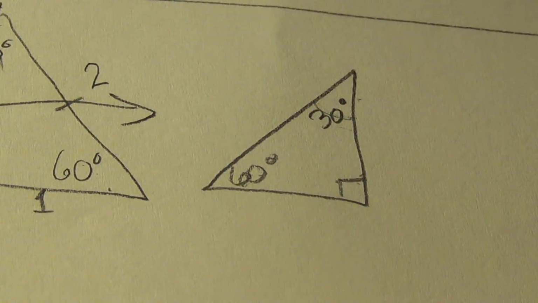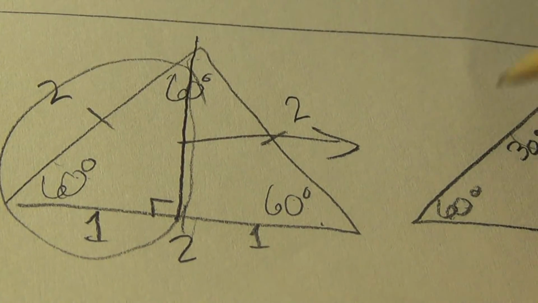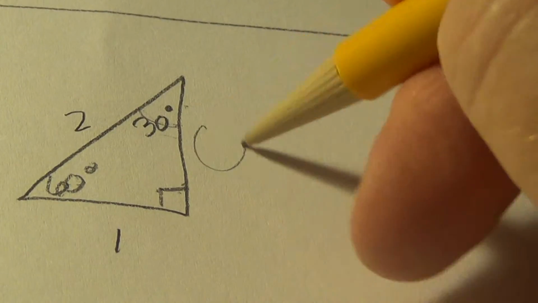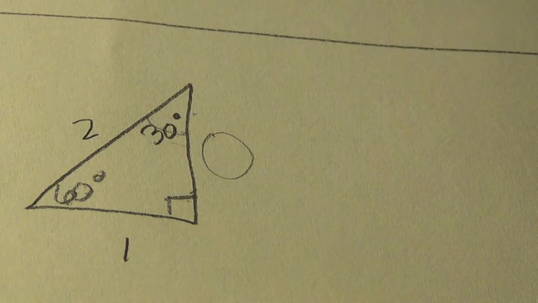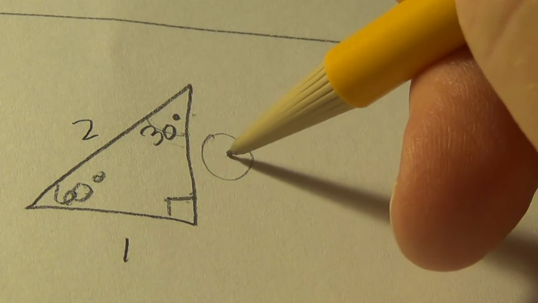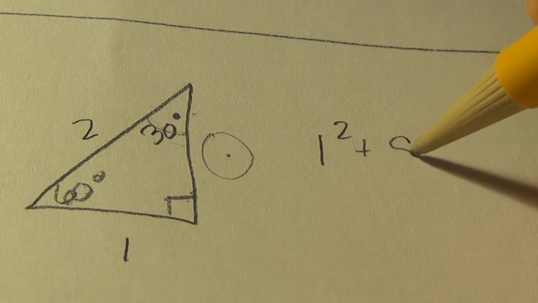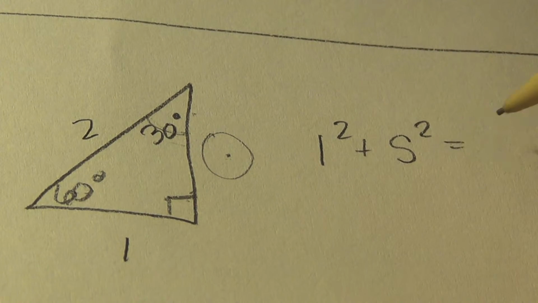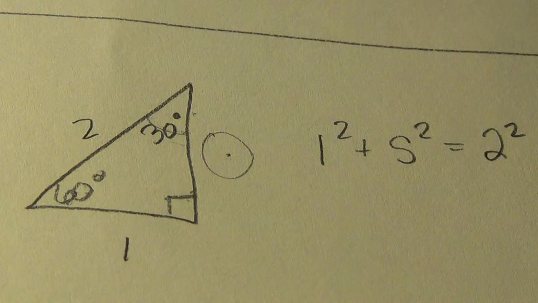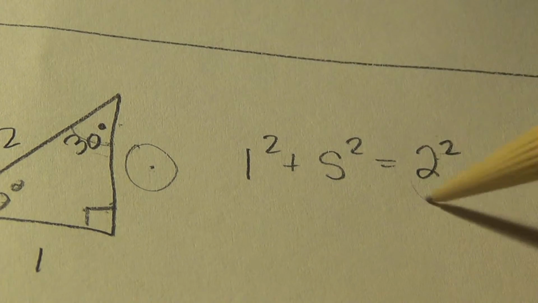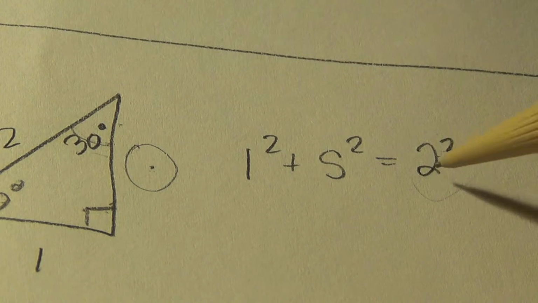So when I move this over here, I know this is still 2, this is 1, and Pythagorean can come alongside and help us find this. This is not the hypotenuse, this is a leg, so it's going to be 1 squared plus unknown side squared equals the hypotenuse squared. So in the Pythagorean theorem, the hypotenuse is always by itself.